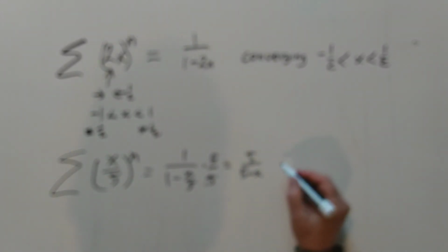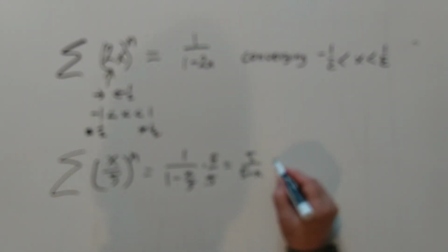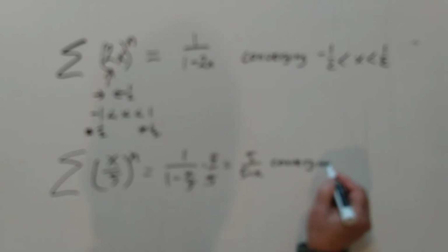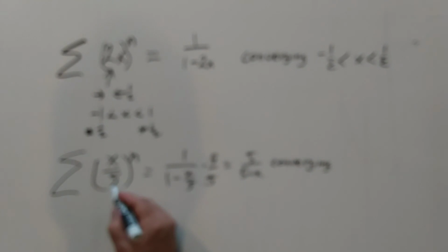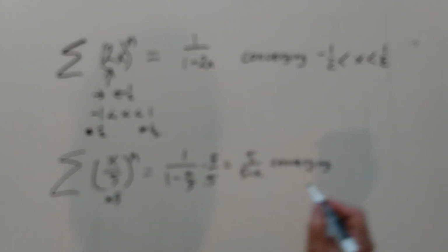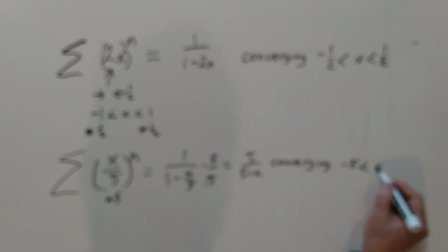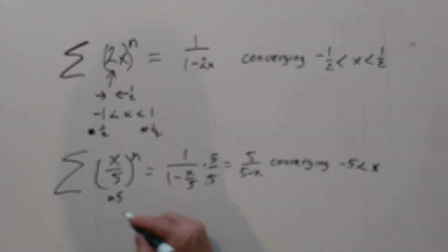What's the converging domain? Since I'm dividing by 5, that's an expansion, so I have to multiply the domain by 5, and negative 1 times 5 is negative 5, and positive 1 times 5 would be positive 5.